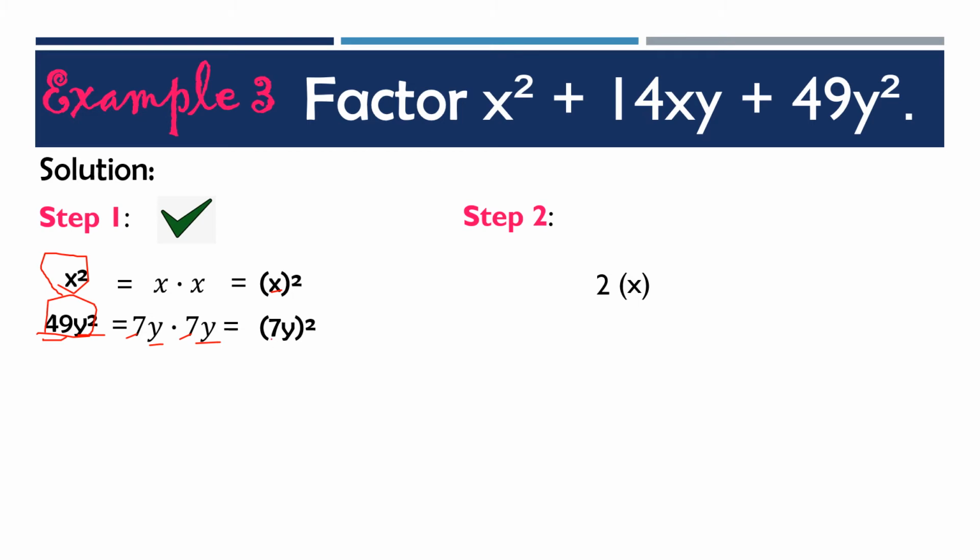That's correct. 7y. So you multiply 2 times 7 is equal to 14 times the variables x and y. Is this the same as the given middle term in the expression?